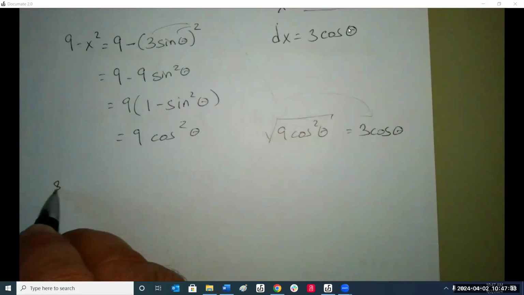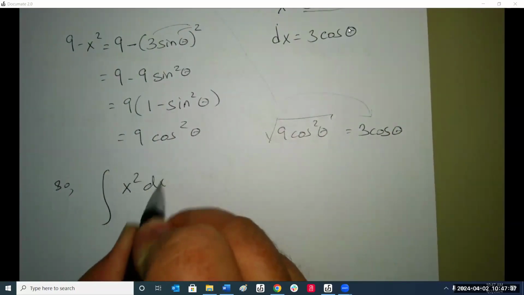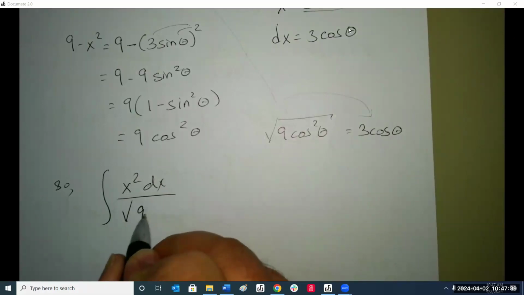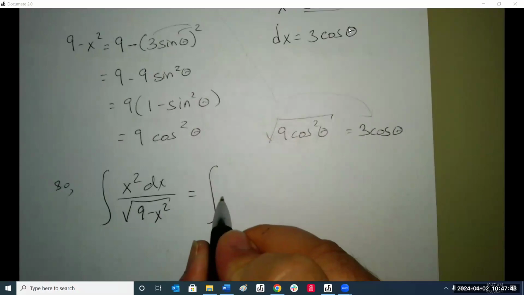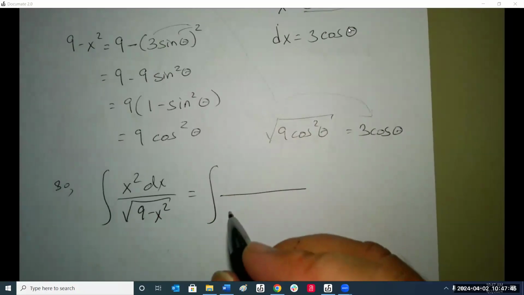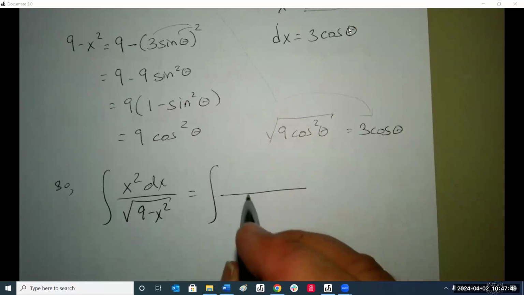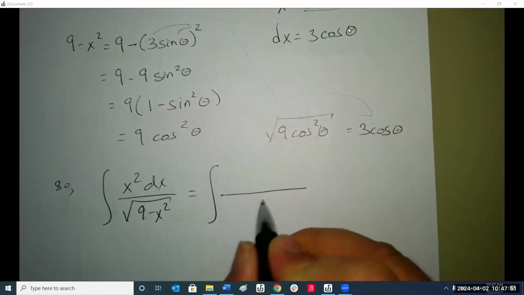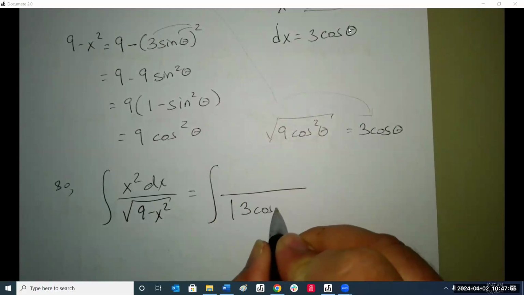So our integral of x squared dx over the square root of 9 minus x squared becomes the integral, and we're only dealing with the positive realm, so we take the absolute value of the cosine.